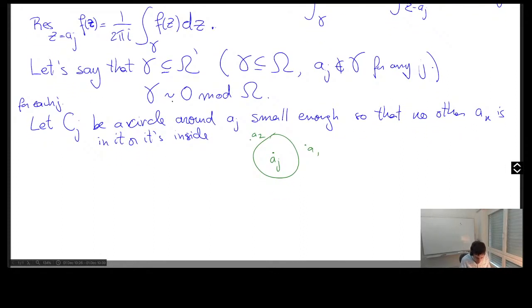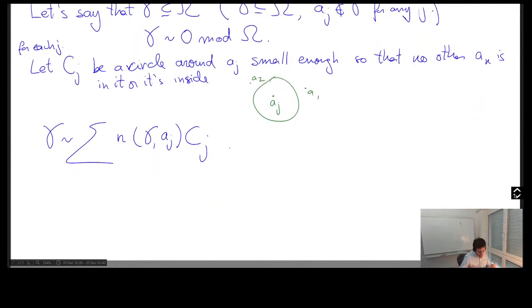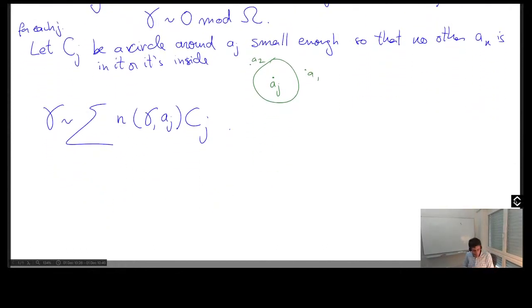Okay, then clearly, because gamma is homologous to 0 in omega, this is homologous to the sum involving the winding numbers. This is how we got to the periods and so on. So for now, nothing new; we're just revisiting what we did when we talked about multiply connected regions.